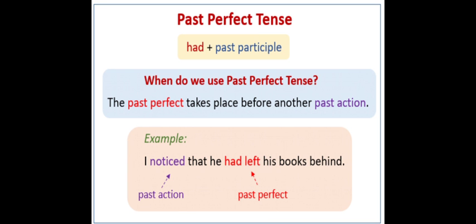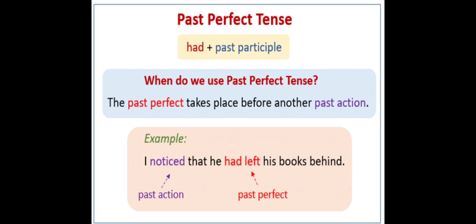Before I noticed, he had left his books behind. Now, in this sentence, which action took place first? Can you tell me? Did the action of noticing take place first, or the action of leaving his books behind? Which one? First was the action of leaving his book, right? Because only after leaving his books did I notice, right?